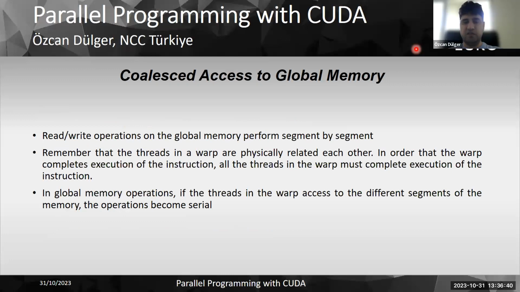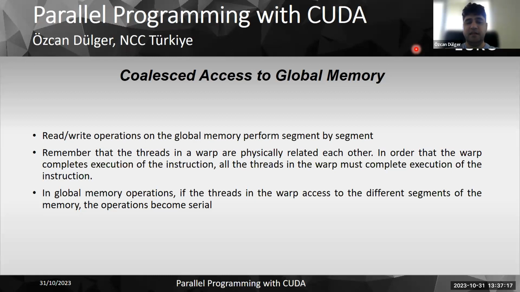Let's start with the first issue. It is the coalesced access to the global memory. The read-write operations on the global memory of the GPU perform segment by segment. That means when a thread tries to read a value from the global memory, first the segments that the data belongs to are given to the threads or warps, then the thread reads that value from the segment.